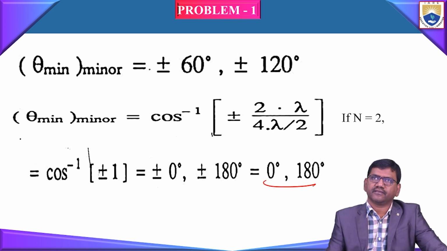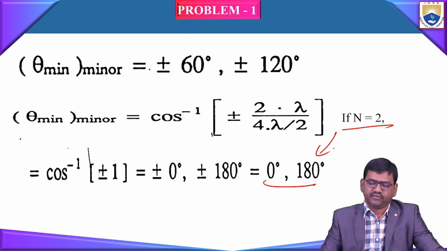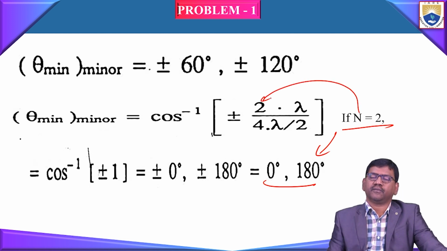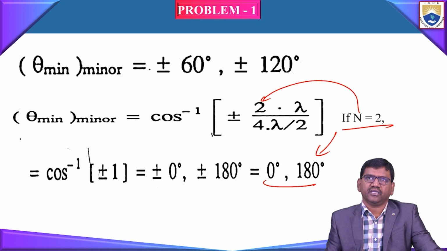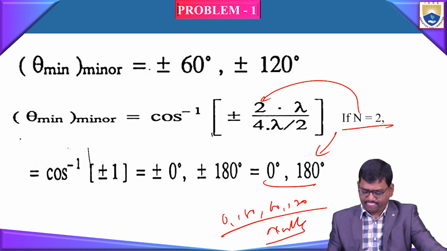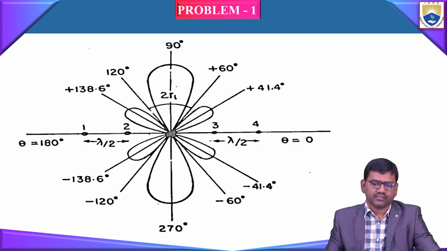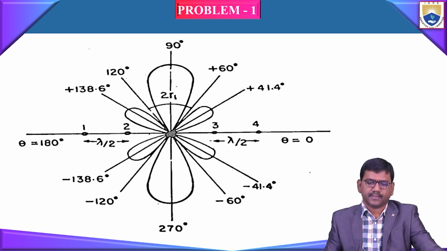Also 0 and 180: if you substitute n is equal to 2 in the above equation and simplify, you will get 0 and 180. So 0, 180, 60 and 120 are known as nulls. So the final radiation pattern is this.